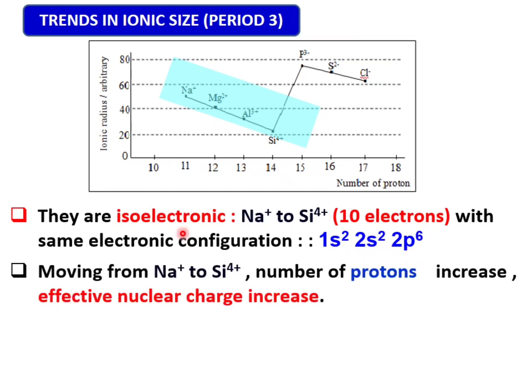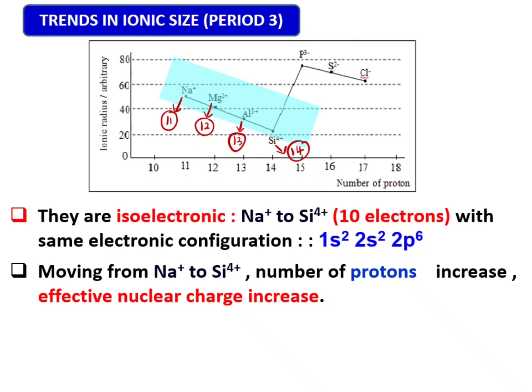And then, from sodium until silicon 4+ ion, the number of protons increases. So that's why the effective nuclear charge will increase. For sodium, the proton number is 11, magnesium 12, aluminium 13 and silicon 14.